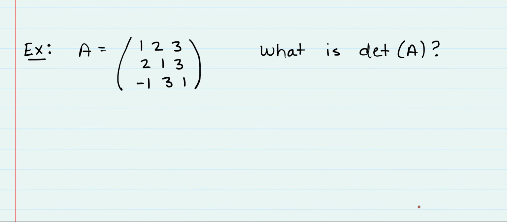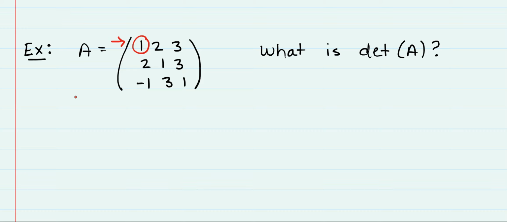Here I have a 3 by 3 matrix, A, and I want to find its determinant. You're going to pick any row or any column, and you need to choose an entry in that row or column. We're going to start with the first entry in the row or the first entry in the column, depending on which way you want to go. For example, let's start with this one. This is A11, and I'm going to go along this row.